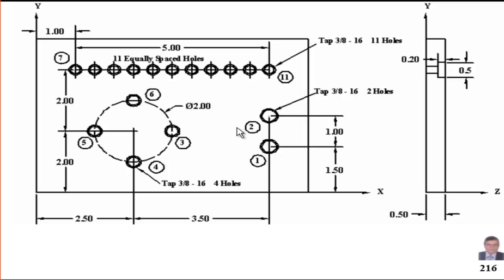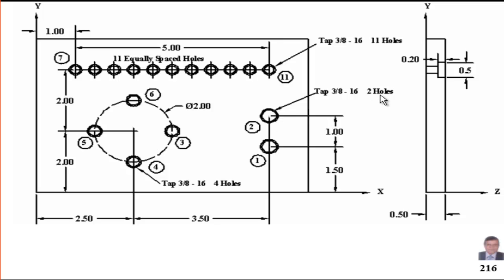This is the first group, and this group has this configuration: 3/8-16, 2 holes. What does it mean? It means every one of these holes has a tapping dimension with this diameter, and this is the TPI or teeth per inch for these particular 2 holes.